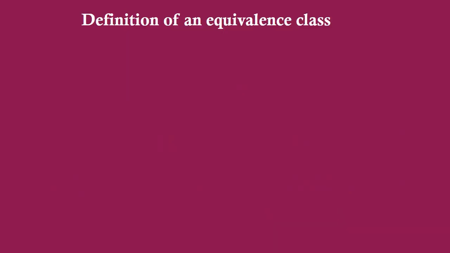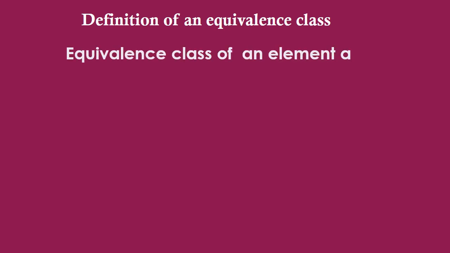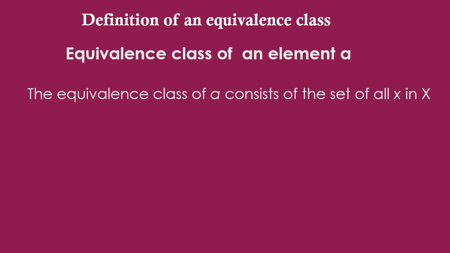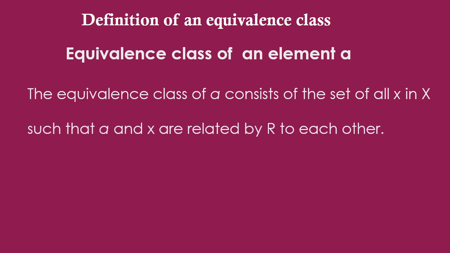So now the formal definition of an equivalence class. When we say equivalence class, it is always the equivalence class of an element A. The equivalence class of A consists of the set of all x in set X such that A and x are related by the relation to each other.